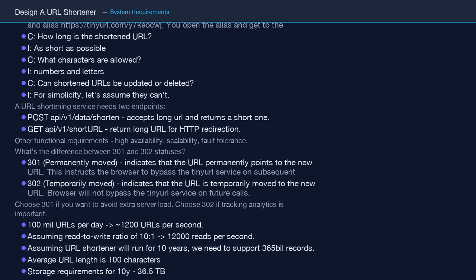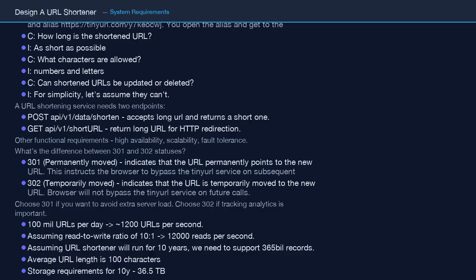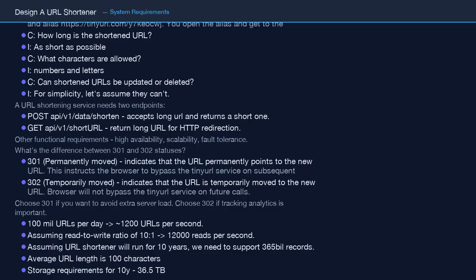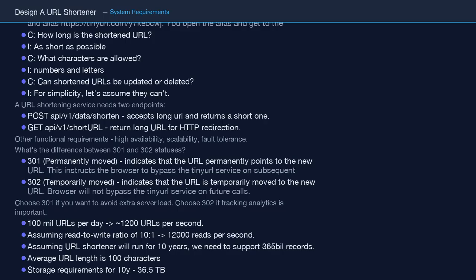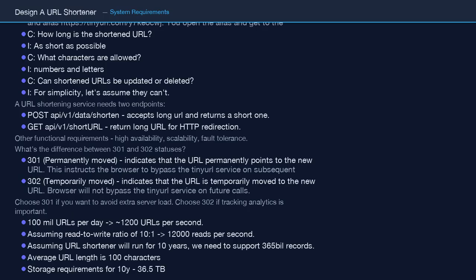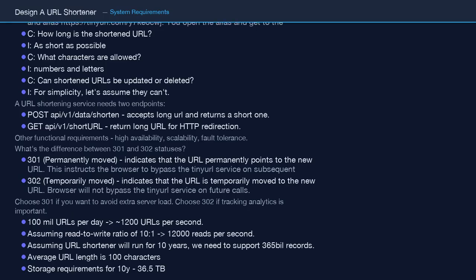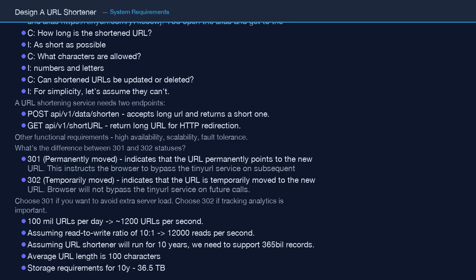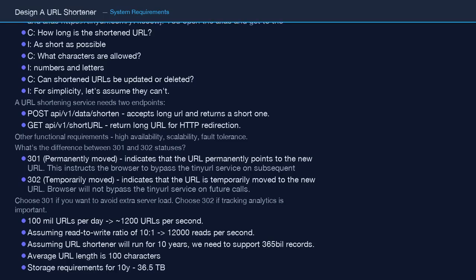Now let's talk numbers. The interviewer gives us a load of 100 million URLs created per day. Divide that by 86,400 seconds in a day and you get roughly 1,200 write operations per second. Assuming a read-to-write ratio of 10 to 1, that means about 12,000 read operations per second, which makes sense, since people click links far more often than they create them.